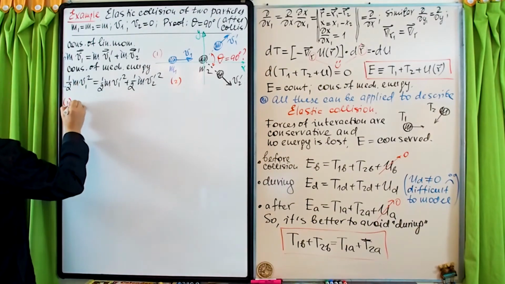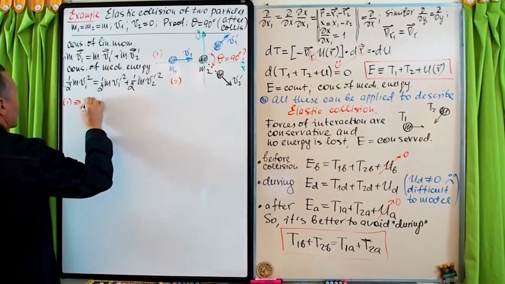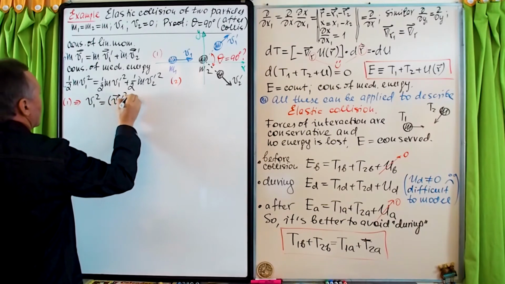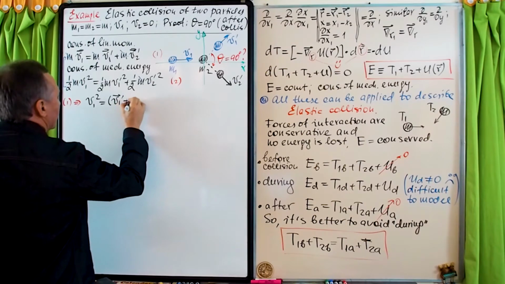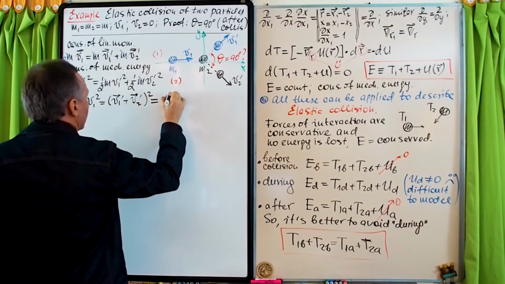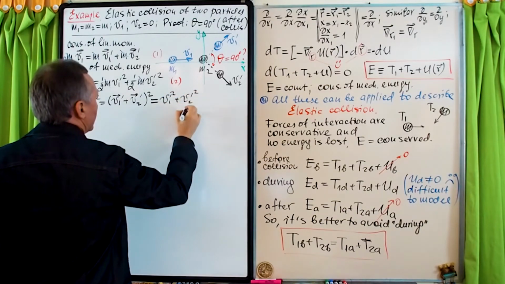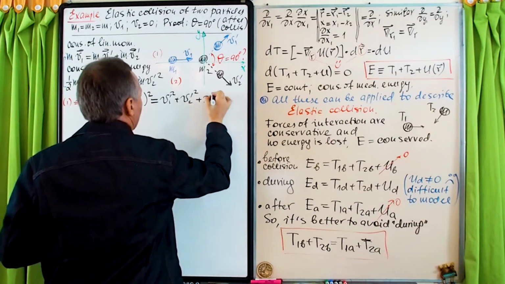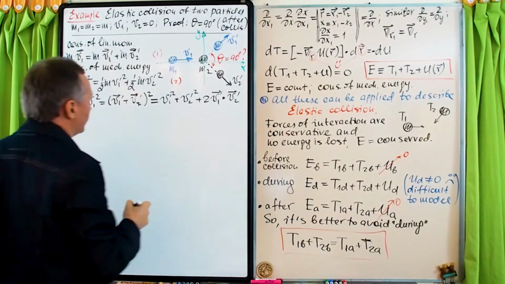Working with equation number 1, v1 squared equals (v1 prime plus v2 prime) squared, and of course we will get v1 prime squared plus v2 prime squared plus 2 v1 prime dotted with v2 prime.